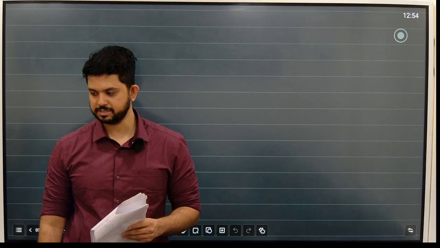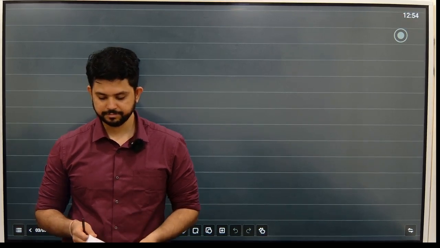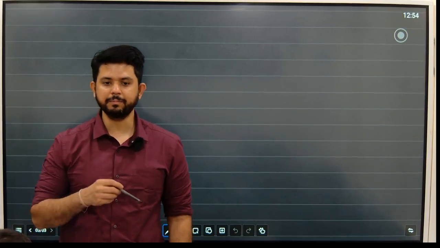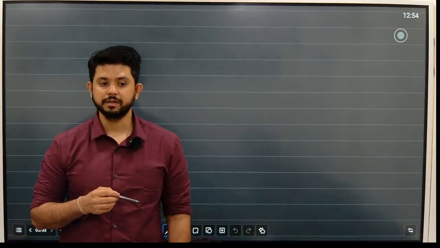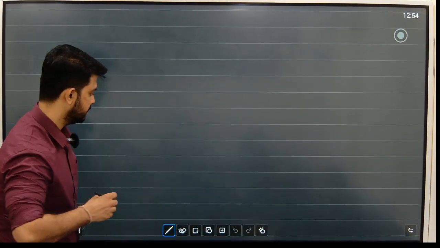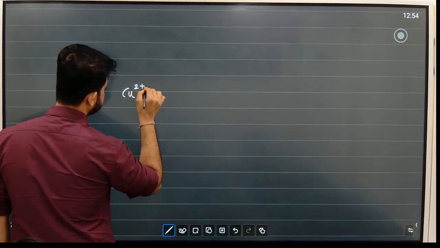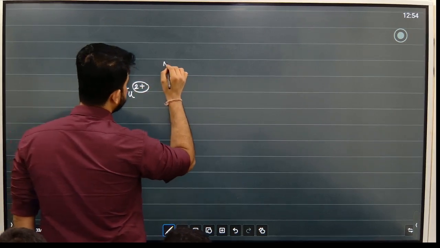Chelates or chelating ligands are more stable. Write down in brackets: bidentate ligands forming rings. Look at an example here, people.